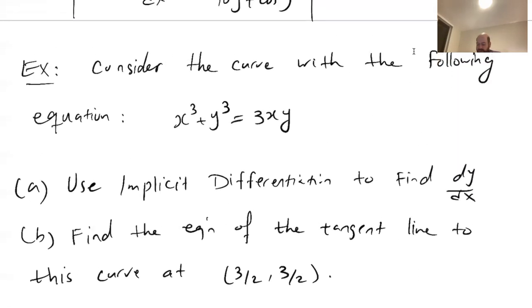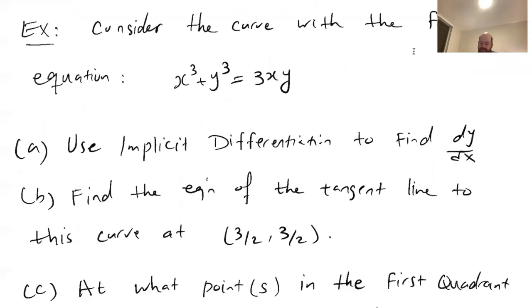Okay, so first we want to find dy/dx. Now again, the very first thing is to look at the equation. Is it an explicit equation or implicit equation? If it's an explicit equation, like y equals a function of x, then just use derivative rules to find y prime. If it's an implicit equation, use implicit differentiation to find y prime.